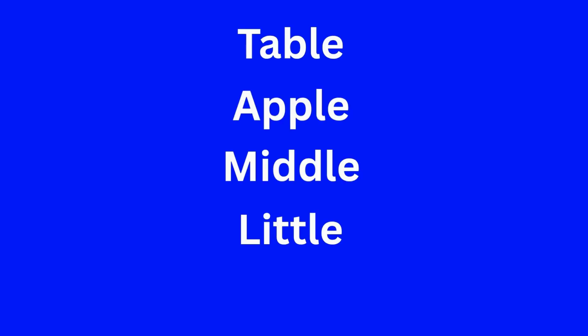Words like table, apple, middle, little, and bottle all follow the same pattern. Once you learn that final rule, you'll have a complete toolkit for breaking thousands of English words into syllables with much more confidence. For now, let's simply focus on the double letter rule.